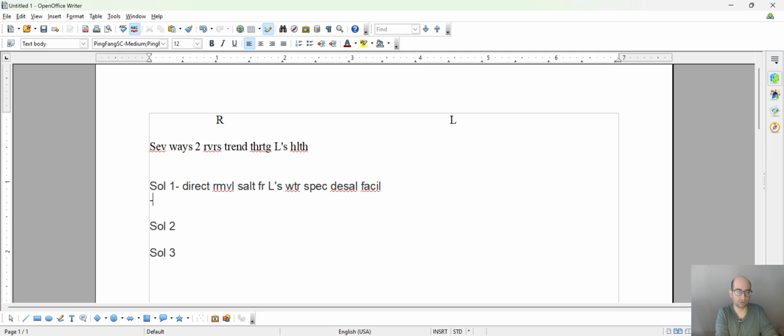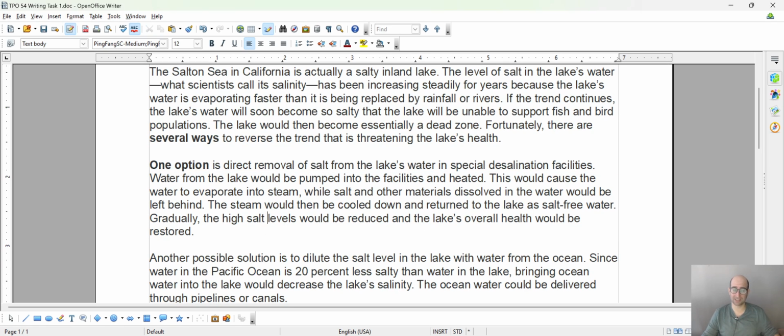This is up to you. In this specific situation, I'm not going to do that because it's kind of complicated for this one. They're explaining this entire process involving the special desalination facilities. So I can't really extract anything here, so I'm just going to leave it as it is.